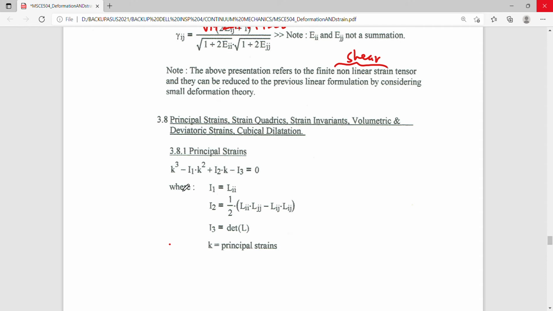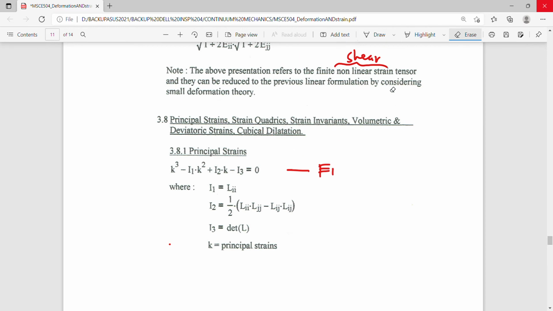So for the principal strains, we know that the equation can be derived using the eigenvalue equation. No? So we refer to the eigenvalue equation for strain. So the eigenvalue equation for strain is the same as that with your stress. Okay, so this is simply a lambda or a sigma in your stress, and these are the invariants.